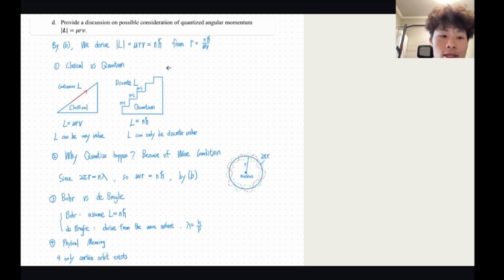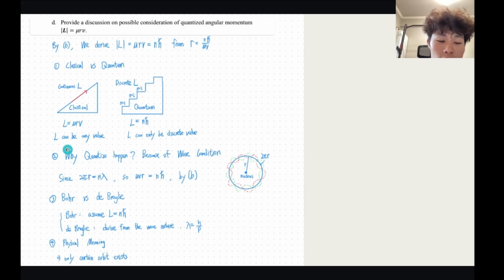So the first thing is we compare classical mechanics versus the quantum world. As you can see in the picture, in the classical world, the angular momentum is continuous. But on the other hand, in the quantum world, the angular momentum is discrete.